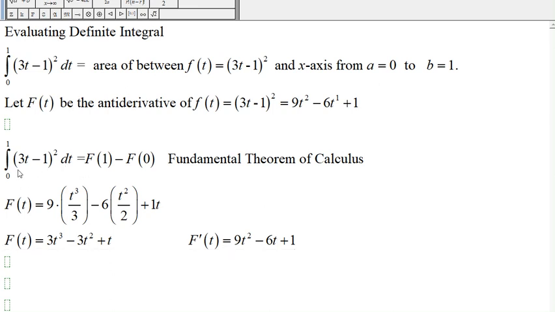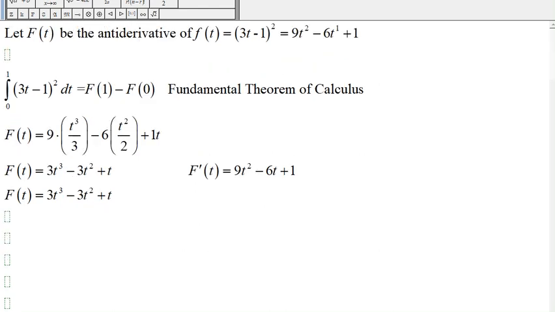And now we need the antiderivative at 1 and then at 0. So first let's evaluate it at 1.